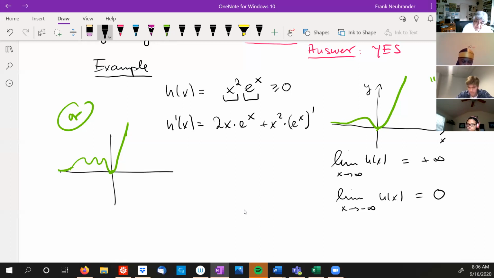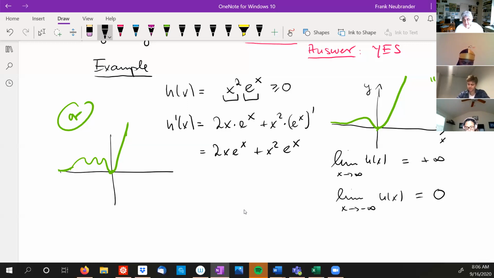But the derivative of the exponential function is the exponential function. So you get 2x times e to the x plus x squared times e to the x. And now, in order to see where the first derivative is 0, where the first derivative is positive or negative, you must simplify.